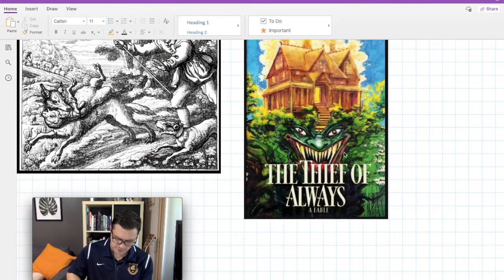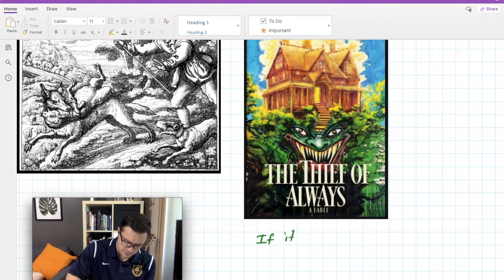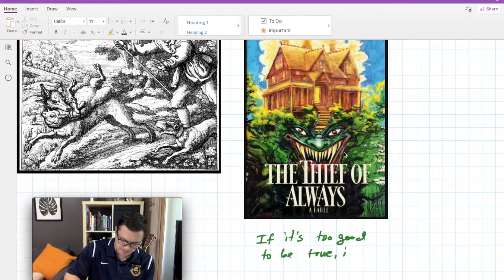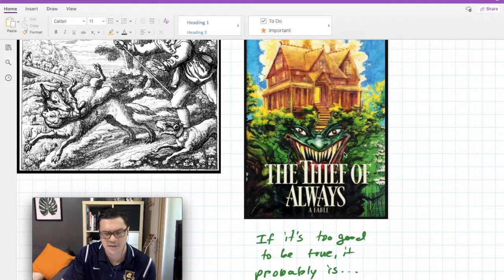And one that I'm starting to think about is an expression like this: if it's too good to be true, it probably is. So the idea is that if you can go somewhere and have Christmas every day and Halloween every day, and the kitchen table is always full of your favorite food, that's too good to be true.